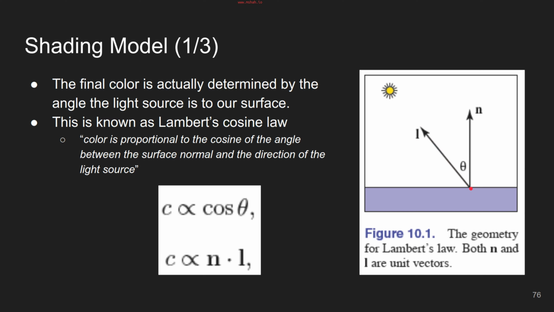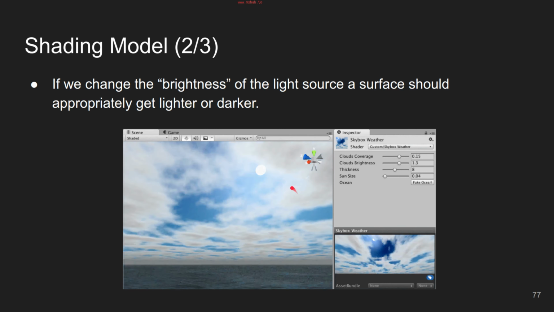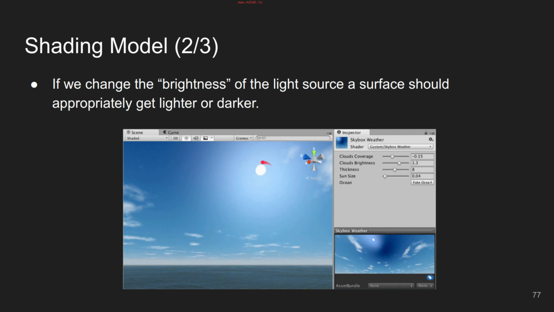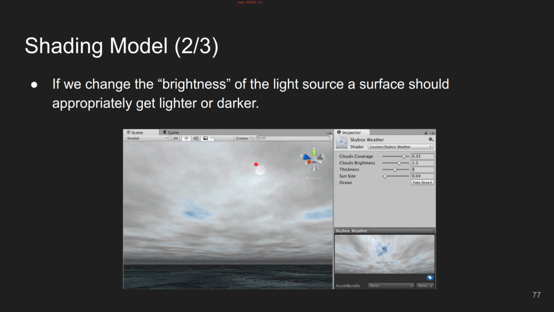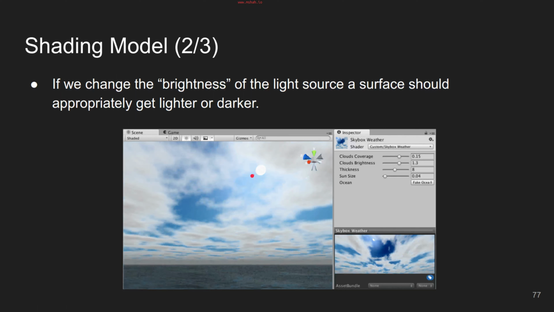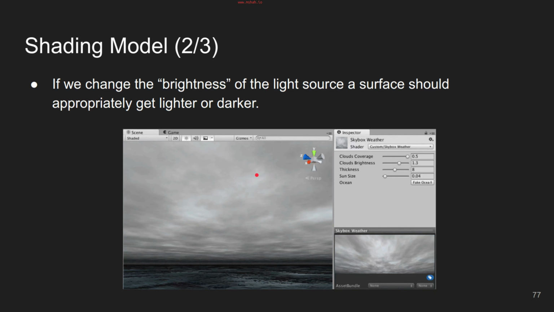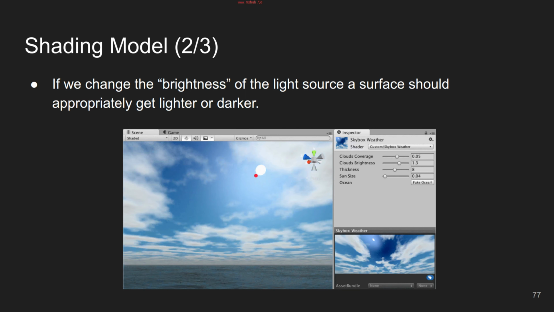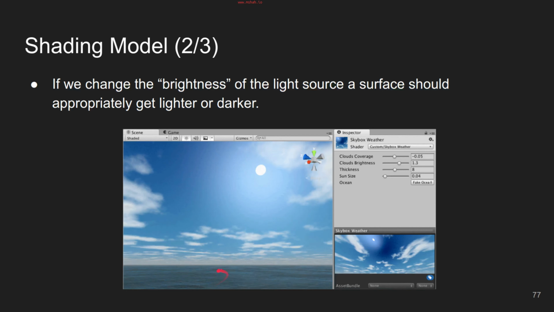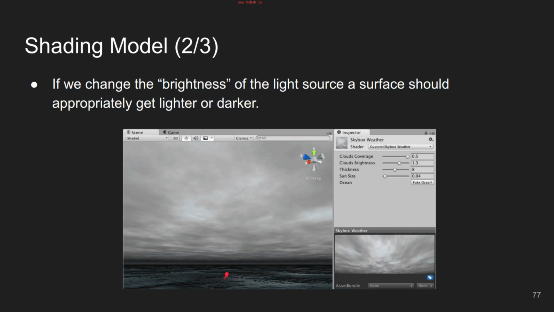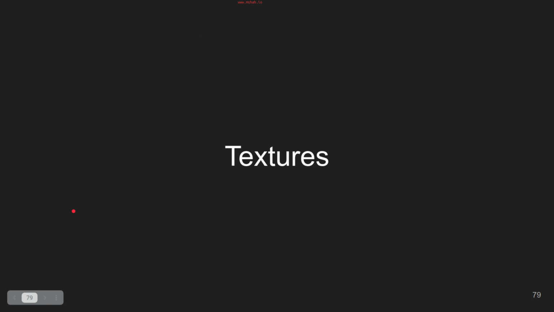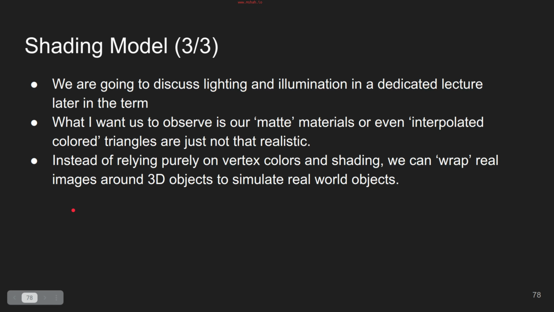That gives us an angle, and that tells us how much we should color or shade this particular normal. It tells us how bright things are. For example, if the sun is occluded, blocked by clouds, we might say that's going to dim how much light is hitting this surface. That's one way to think of it.